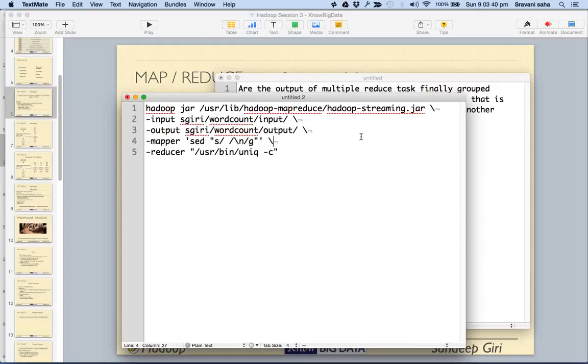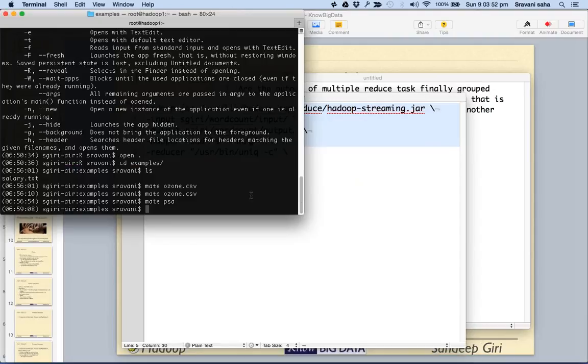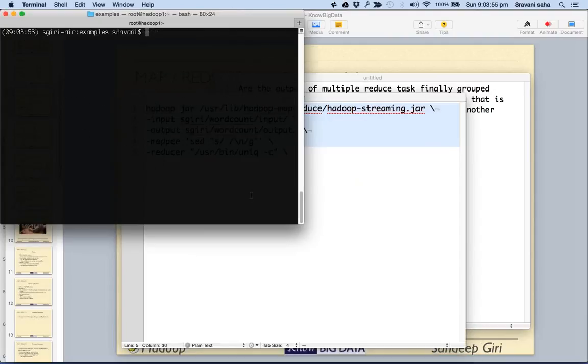It essentially means everything in a single line. So I'm going to execute it as is, and we will debug whatever issues we get.